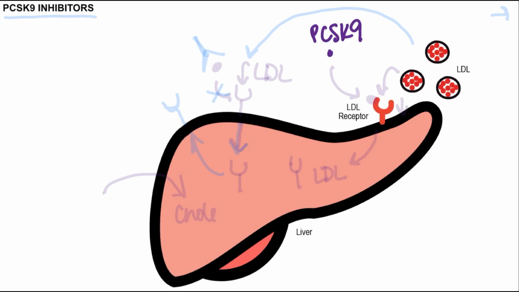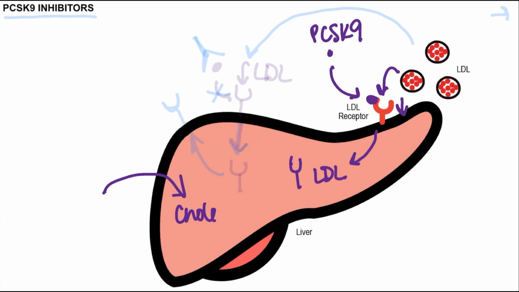If you remember in the previous slides, I mentioned that increased dietary cholesterol delivery to the liver downregulates LDL receptor expression. Well, PCSK9 is responsible for binding the extracellular region of the LDL receptor. If present, upon LDL binding its receptor, the entire complex will be internalized and eventually degraded, the receptor and the lipid.